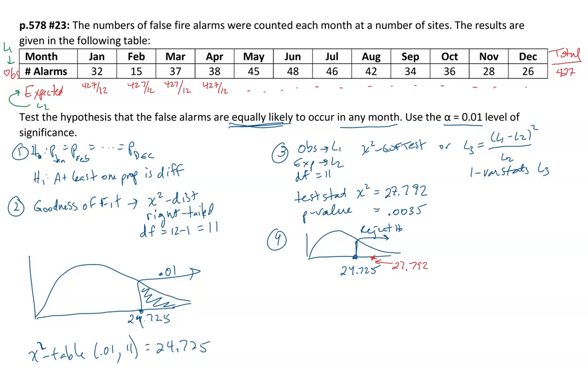And our p-value compared to alpha, 0.0035 compared to 0.01. Yep, we've got a small p-value, so we are indeed going to reject the null.